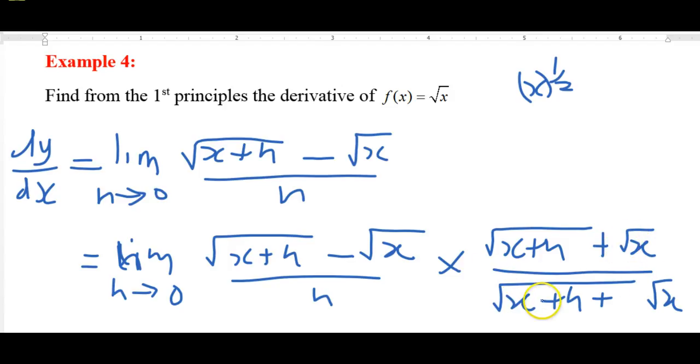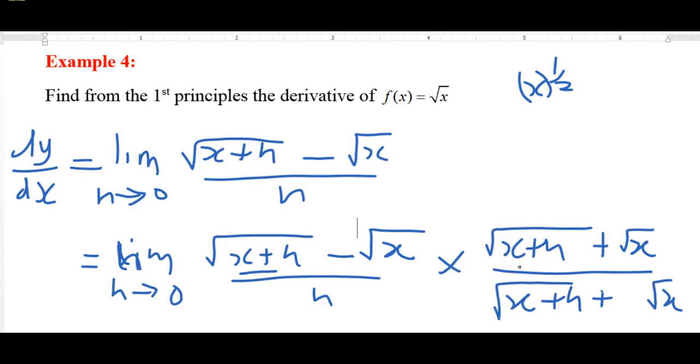This shouldn't be under the square root, so let me clean that part. And it looks like this. It ends here. And remember that when I cancel this, I get one and I get the same thing. So you expand this by that, and after the expansion, you can now simplify and you get your answer.